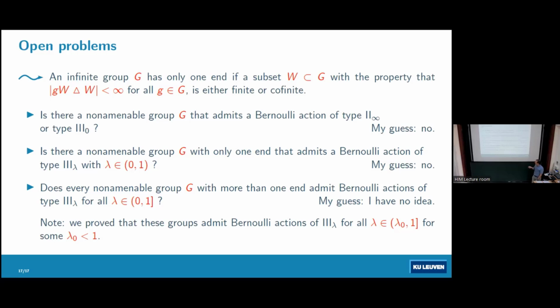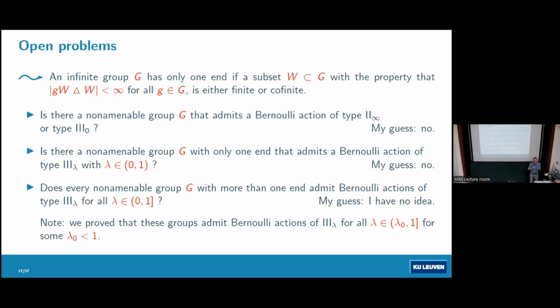And then the more tricky one. Take a non-amenable group with more than one end. Does it have a Bernoulli action of type III lambda with arbitrary lambda? Well, here I really have no idea, because what we could prove is that they do have Bernoulli actions of type III lambda, but only with lambda close enough to 1.